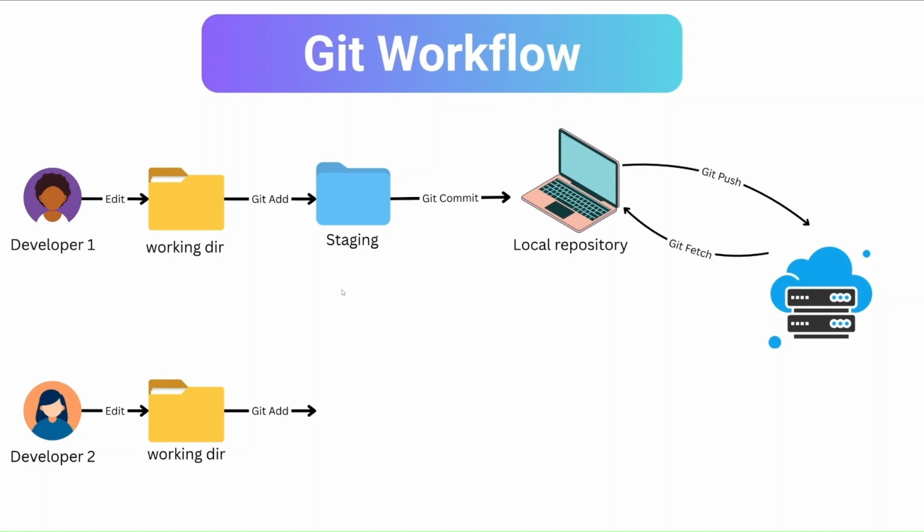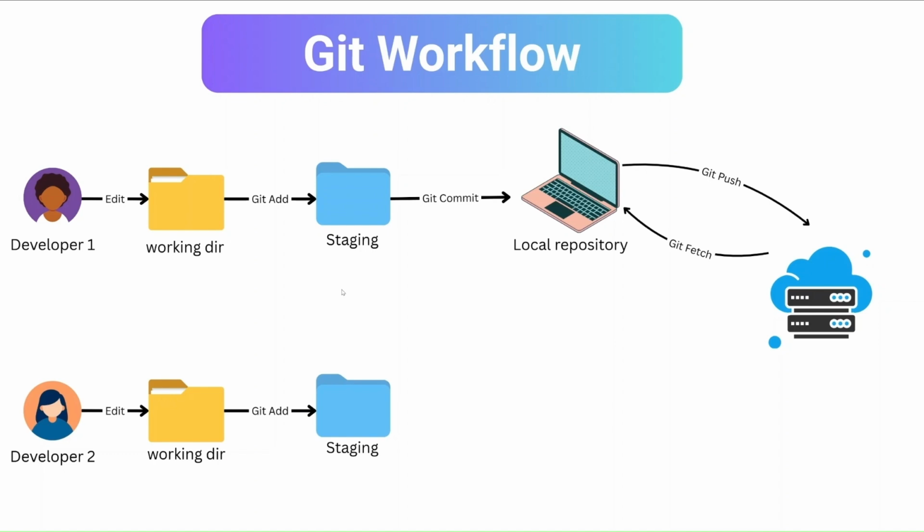Whenever you decide, okay, now my code is at a level that I'm very comfortable with, you do a git add. Git add puts it into something called staging. Once the add has been staged, whatever changes you made are ready to be committed into the local repository.